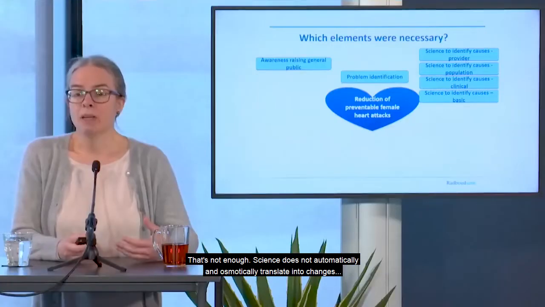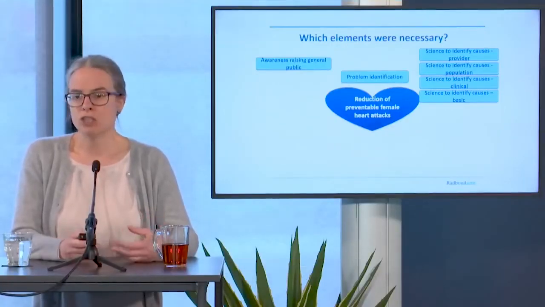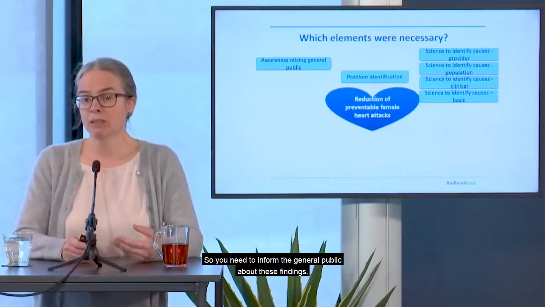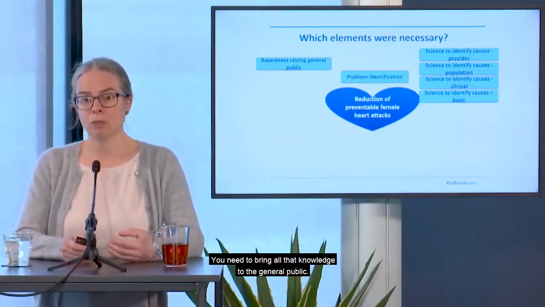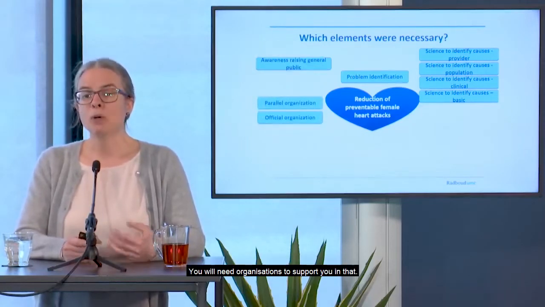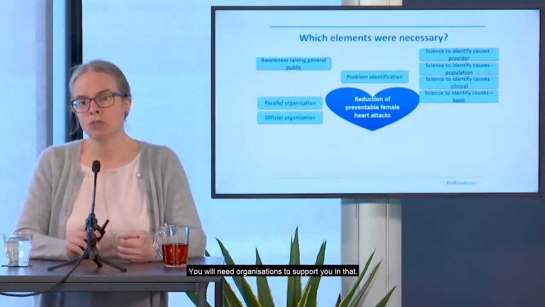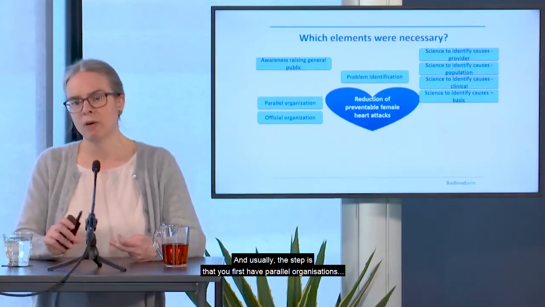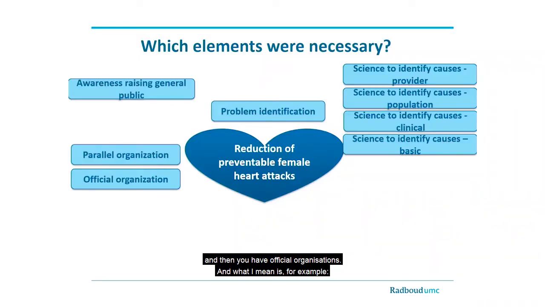However, that's not enough, because science does not automatically and osmotically translate into changes, as I've shown you before. So most of the things that we find out will stop at the T2. So you need to inform the general public about these findings as well. You need to bring all of that knowledge to the general public. You will need organizations to support you in that. And usually the step is that you first have parallel organizations and then you have official organizations.